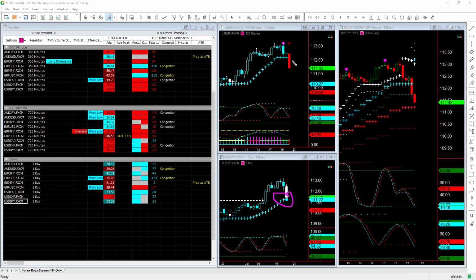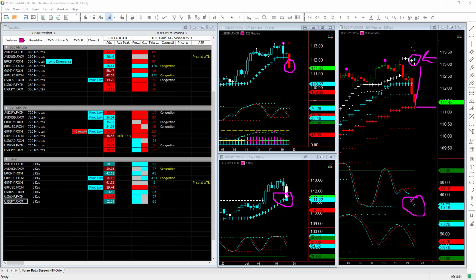Here's the difference. There's no congestion dot here that has formed. And when you look over here, it's just a few ticks away from this ATR. More likely than not, this is going to bounce up and try to test these areas, okay? That's where I would want to look for a potential entry.